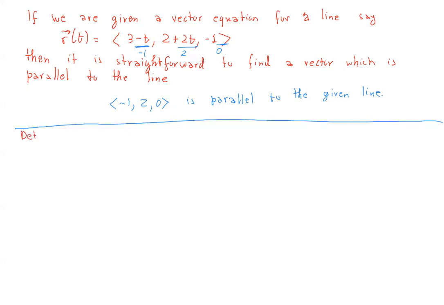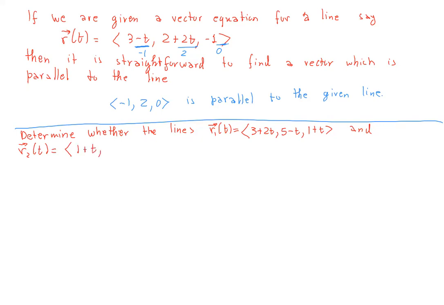Determine whether the lines R1 of t equals 3 plus 2t, 5 minus t, 1 plus t, and R2 of t being equal to 1 plus t, 6 plus t, and t intersect or not.